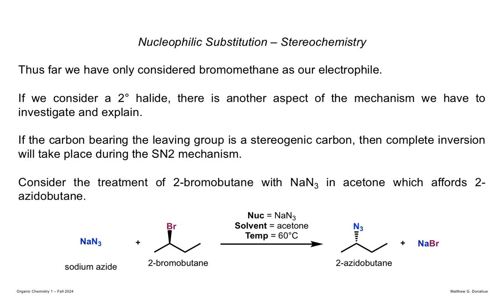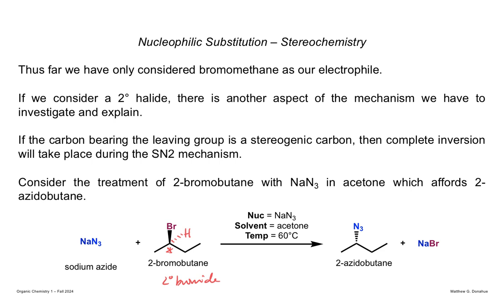So if we look at the reaction shown, 2-bromobutane, that's a secondary bromide. And so that has that H going back. So there's 4 substituents. That's a stereocenter.